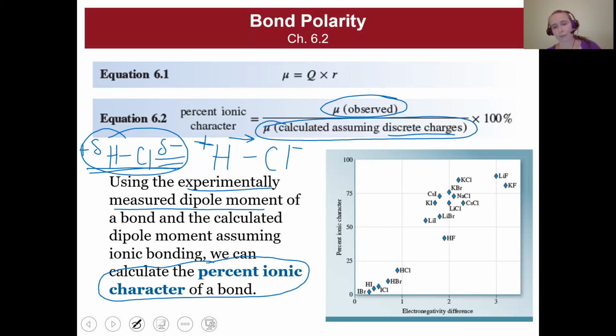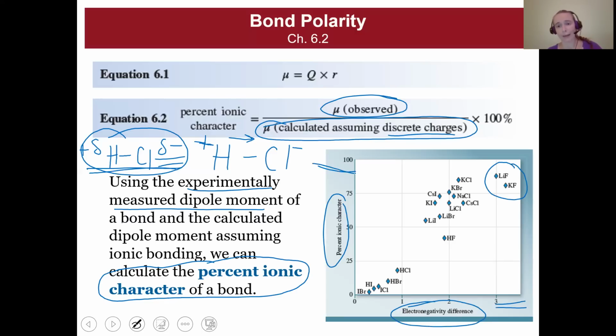And this little graph from your book actually shows you the percent ionic character versus the difference in electronegativity between the atoms. So the bigger the electronegativity difference, like with lithium fluoride or potassium fluoride, which are both very ionic bonds, they have a very high electronegativity difference, and we see that they have a very high percent ionic character.